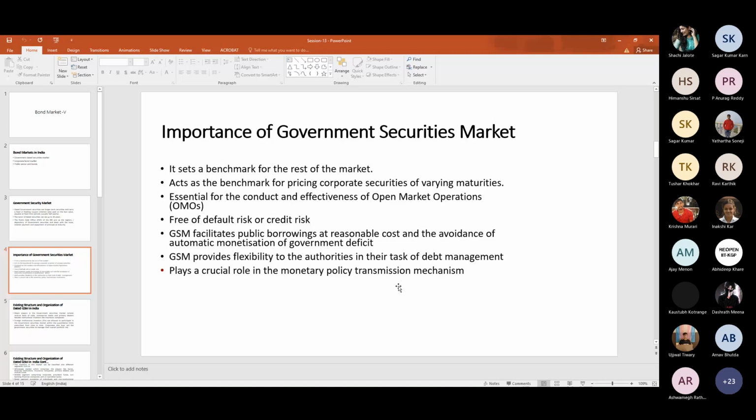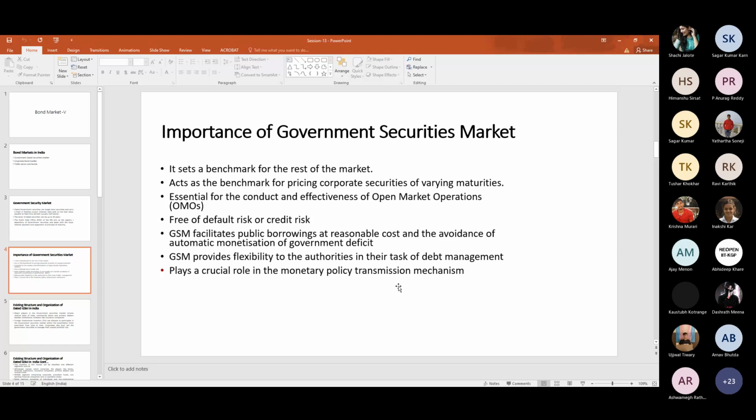This market also provides flexibility to the authorities in their task of debt management, because it is generally used to manage the public debt, what the government wants to borrow from the public by the issuance of this particular kind of securities. By issuing these government securities, the government is basically trying to manage its public debt to some extent.